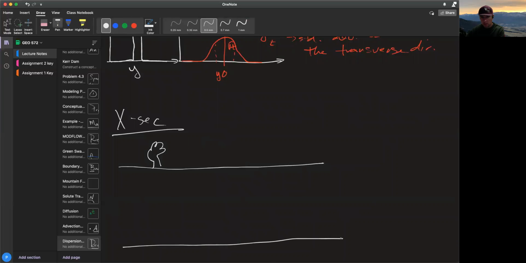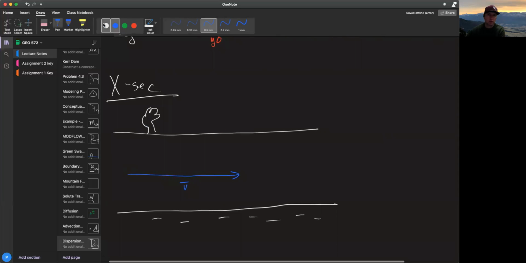And here's the bottom of the aquifer, an aquitard. Again, our flow is in this direction. So here's V bar. But now our coordinate system is X and Z. All right, and we put our little plume of solute in here.